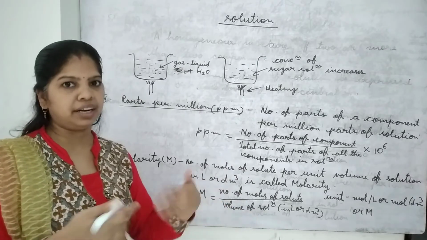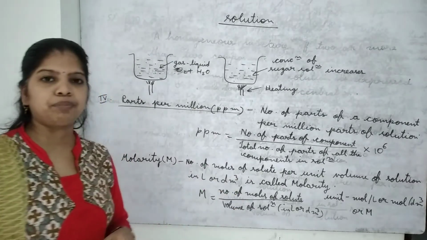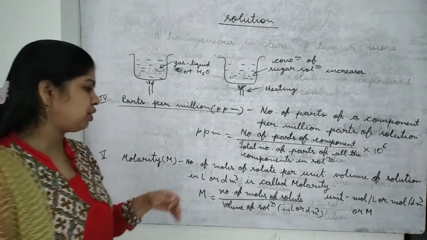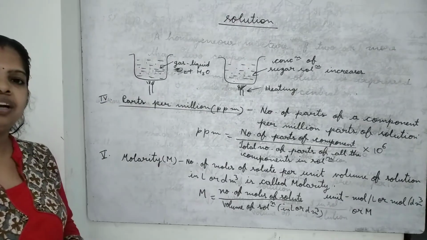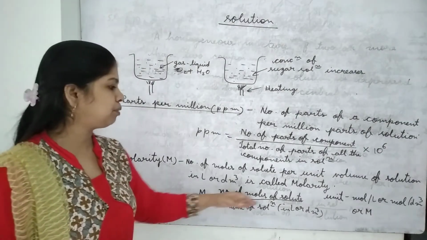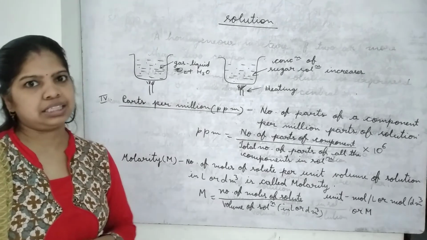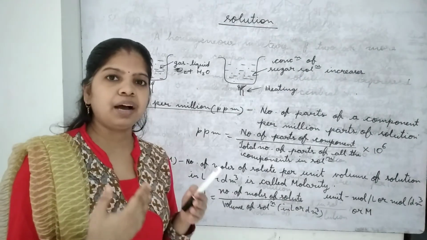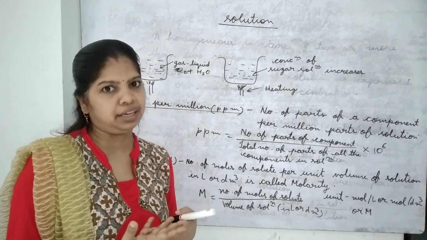Volume will be greater in comparison to number of moles of solute, and because of that, what will happen? Molarity will decrease because volume is more and number of moles of solute is less. So it depends on the conditions. ये आपकी condition पे depend करता है.